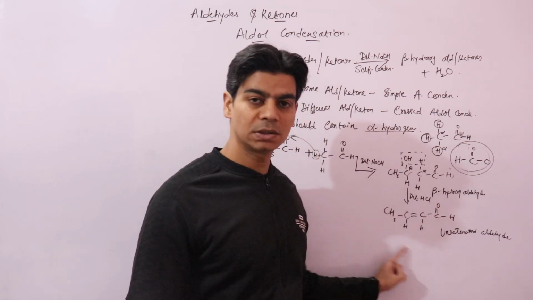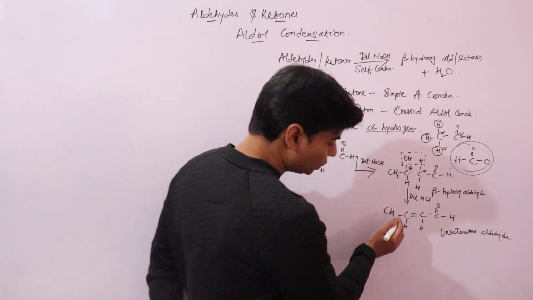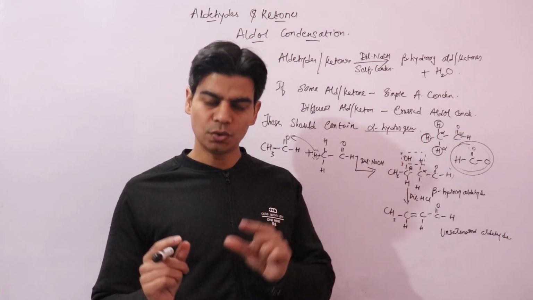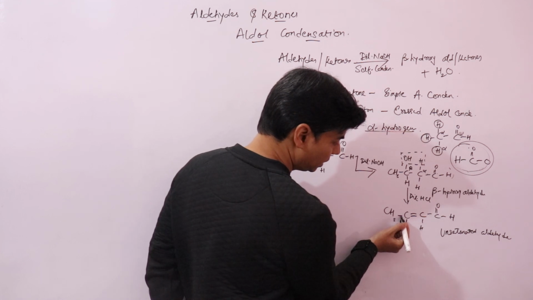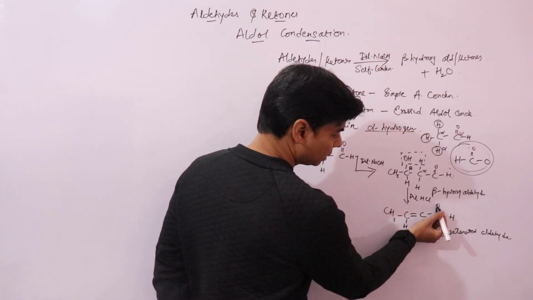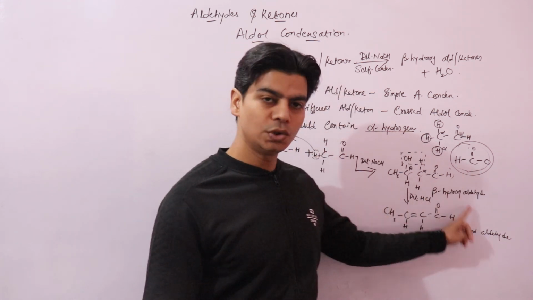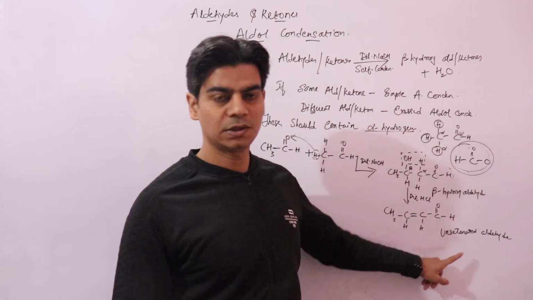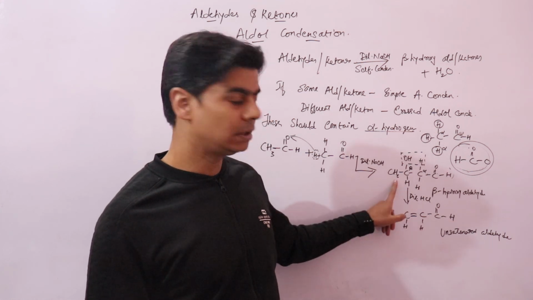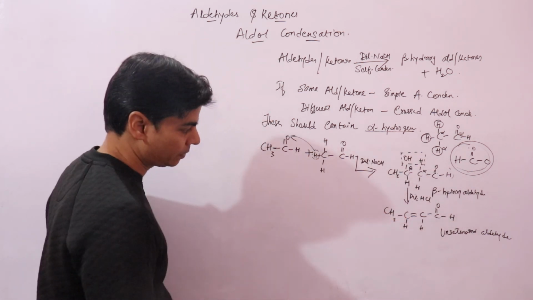Conjugated means in the molecule you have alternate double and single bonds. This is single, this is double, this is single, then again double. So due to conjugation, this unsaturated aldehyde is more stable than your beta hydroxyaldehyde.